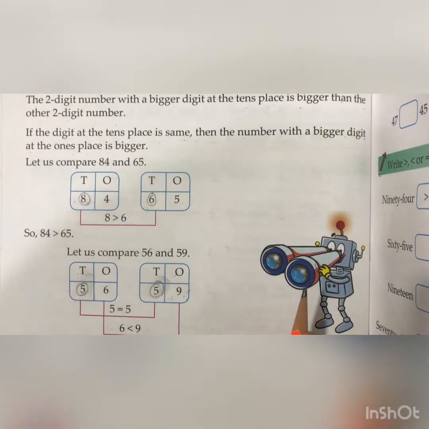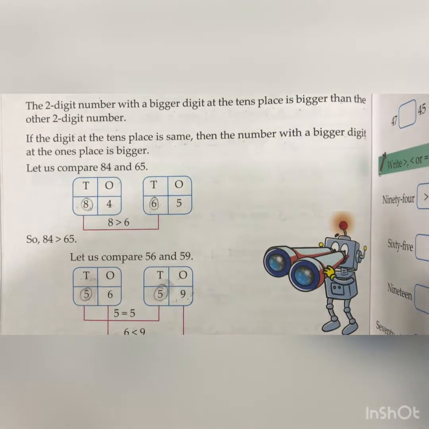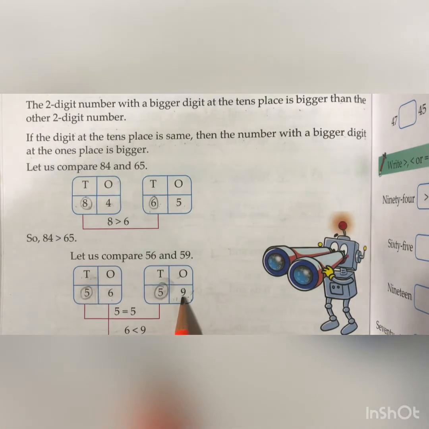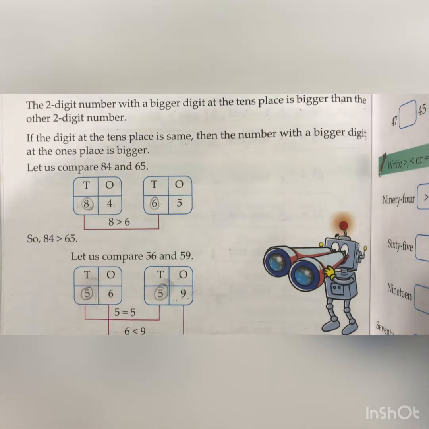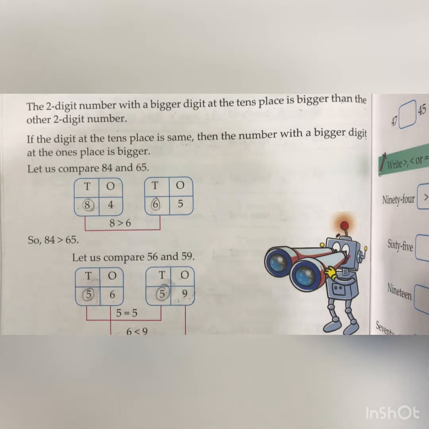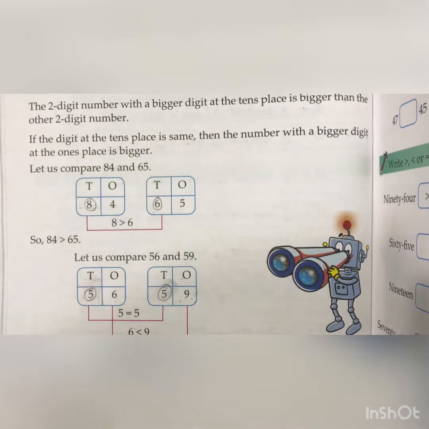So what will we do now? We will check ones place. 6 ones, 9 ones. So 6 ones is less than 9 ones. 9 ones is bigger than 6 ones. So 59 is bigger than 56. 56 is less than 59.